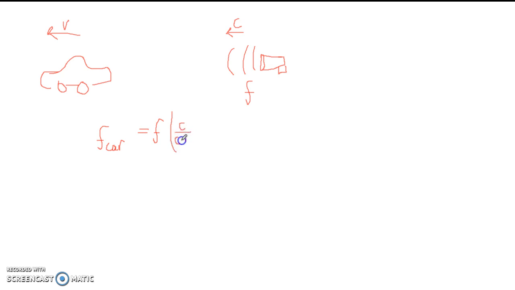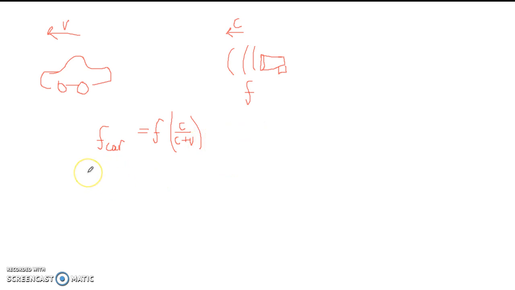We know it's going to be a decrease in perceived frequency at the car, and this is our equation for a moving observer. And then it's also going to reflect.